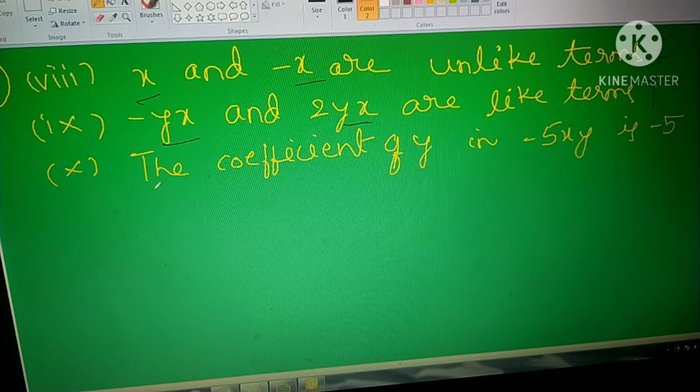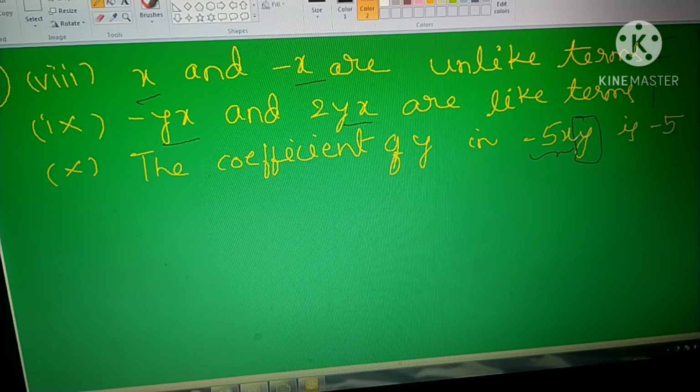Now see, the coefficient of y in minus xy is minus 5. In particular, they are asking the coefficient of y. So the coefficient of y means, whatever they have asked for, y here, leave that one and you have to write the remaining part as the coefficient. Here what they have written is minus 5 only.